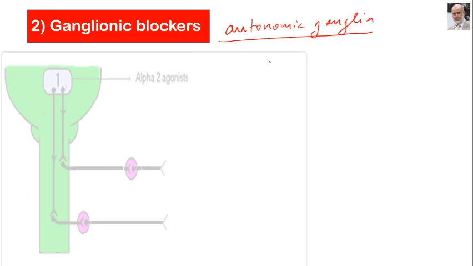As we have said before, nicotinic receptors are present at the ganglia, known as nicotinic receptor type N, and at the neuromuscular junction, known as nicotinic receptor type M. These drugs block the nicotinic receptor at the ganglia. They are competitive antagonists at the nicotinic receptor of the autonomic ganglia.